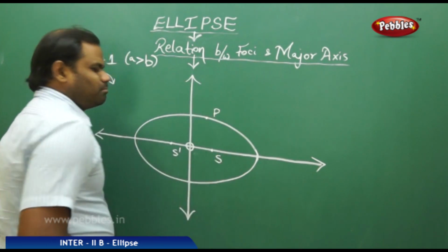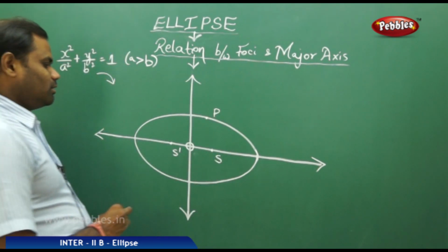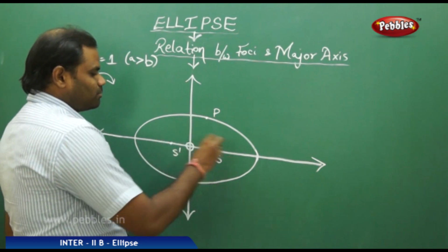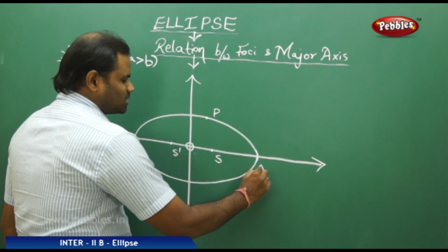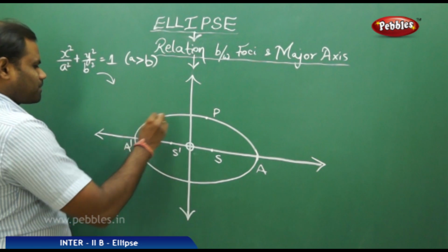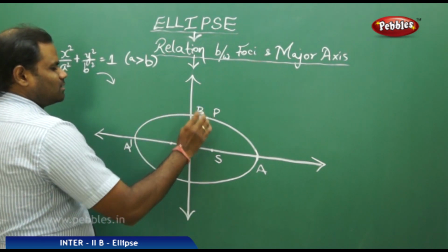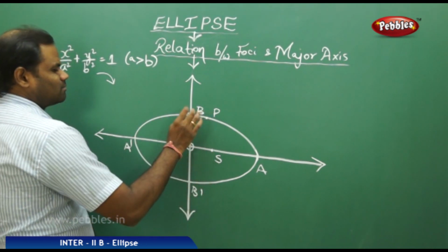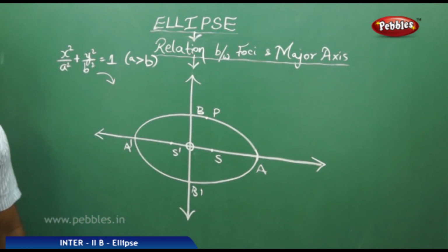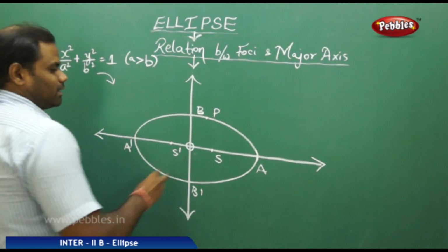Now if S and S dash are foci and P is any point on the ellipse, then we know that this is the major axis and this is the minor axis. That is how we identify the major and minor axis.